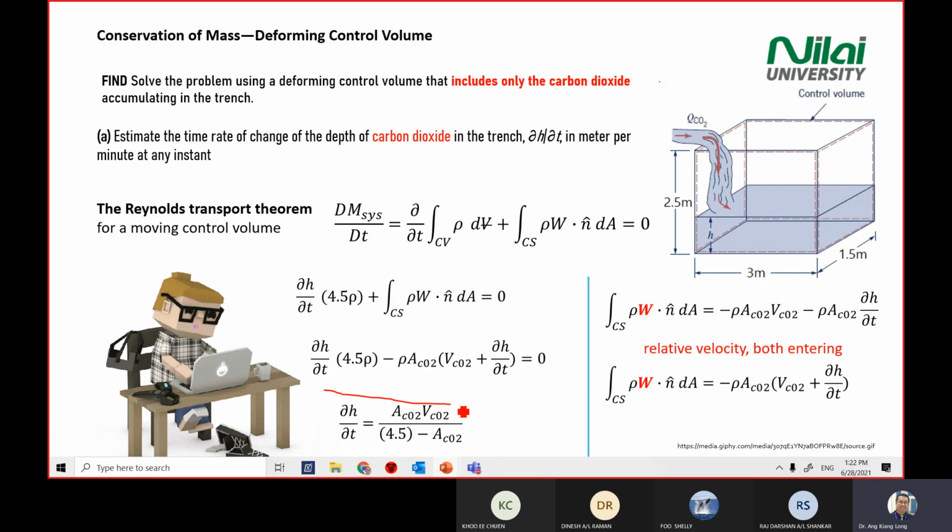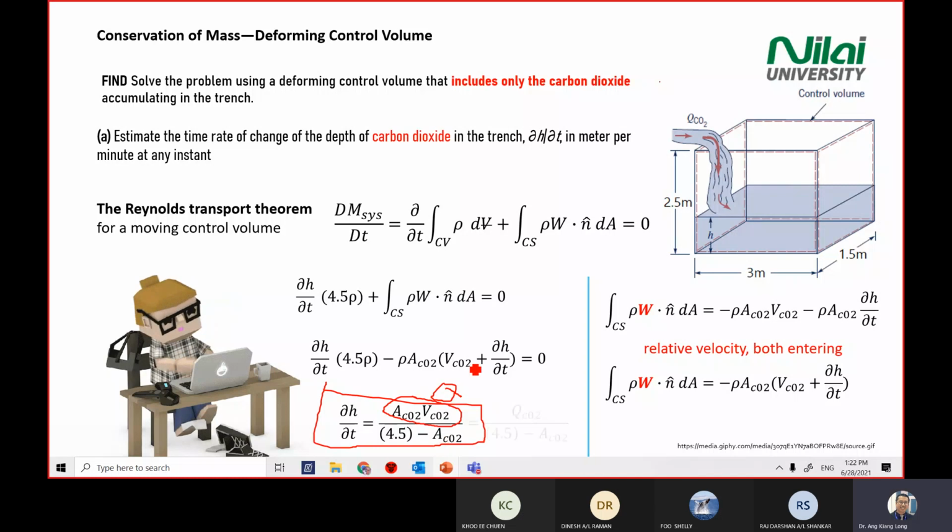Okay, you arrive at this one. You have the area, you have the velocity, because A times V, you get the Q. This one is your Q. VA is Q. Q is given. You managed to find that.